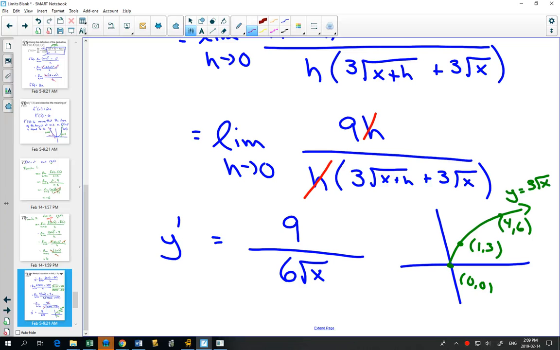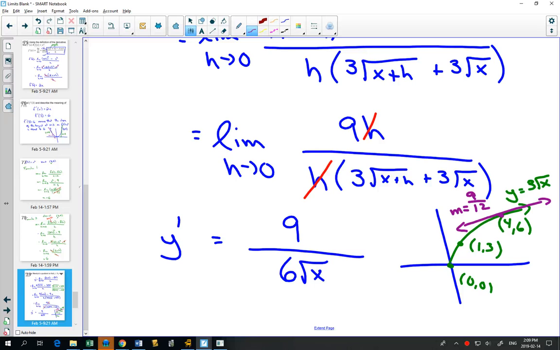Well, any of those points will be fairly nice. If I choose this point right there, 4, 6, and I drew a tangent, I can tell just by my formula, if I plug in 4 for x, square root of 4 is 2, 2 times 6 is 12, I'm going to get a slope of, and I won't simplify that even though I could, 9 over 12 is the slope of that line.